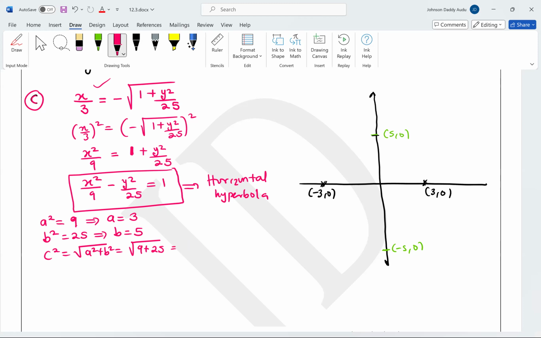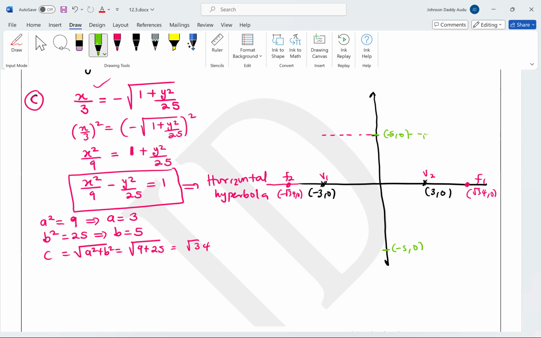So c is about root of 34. So it's going to be on the same axis here. So this is going to be our root 34, 0, and then minus root 34, 0. So this is our F1 and this is our F2. This is V1 and this is V2.